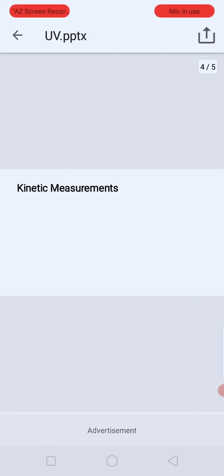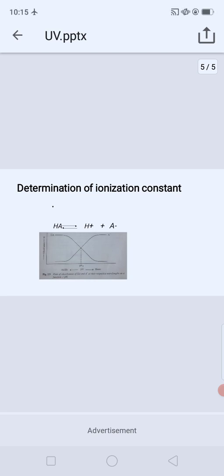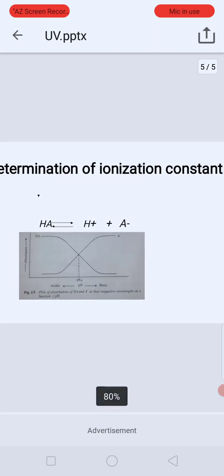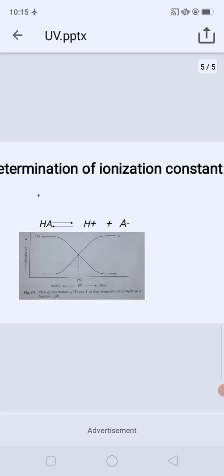Here is the equation for the ionization of an acid. The pK of the acid can be determined by measuring the absorbance of either the acid or its anion or both at their respective wavelengths of maximum absorption at various pH, and plotting the graph of absorbance against pH.